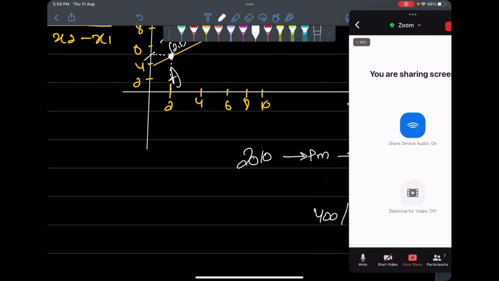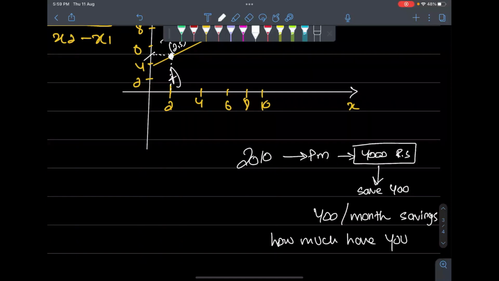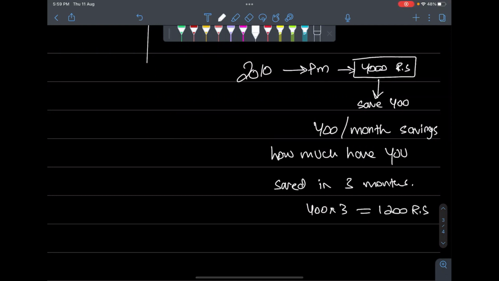Now, imagine I ask how much you have saved in 3 months. You will say 400 multiplied by 3, 1200.